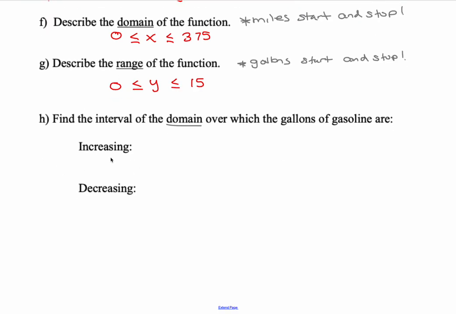So it actually never increases because it never turns as well. So we're going to put never increasing because the gallons of gas never get more. We never add gas to it. The gallons of gas are always going to start with the amount that we have and it will decrease.